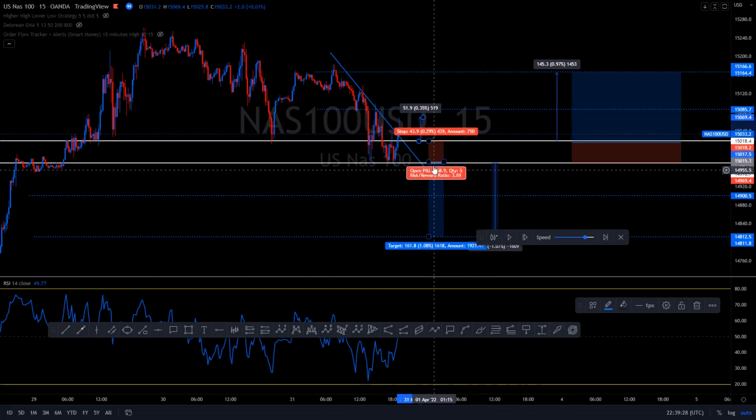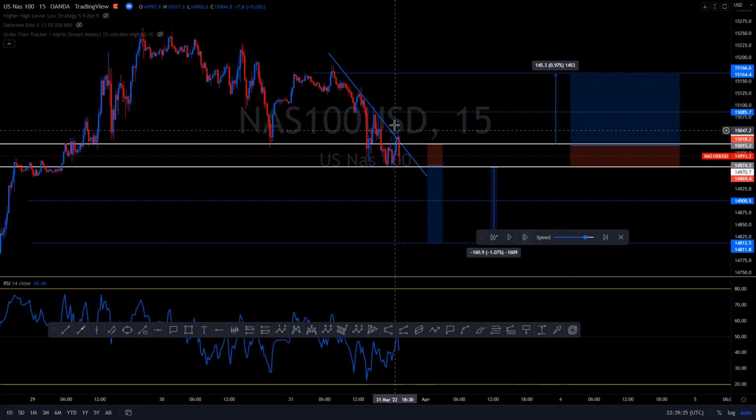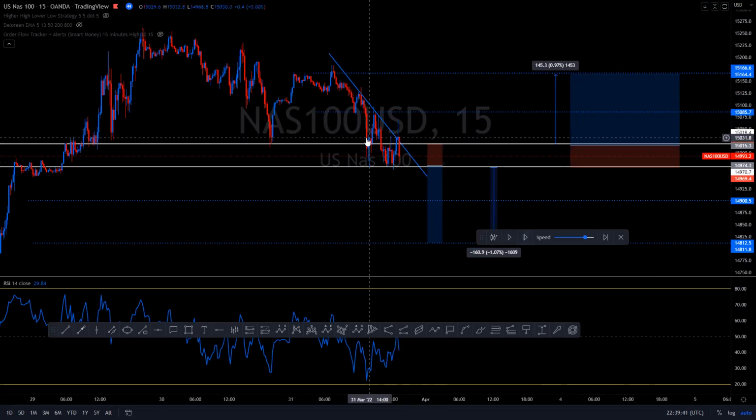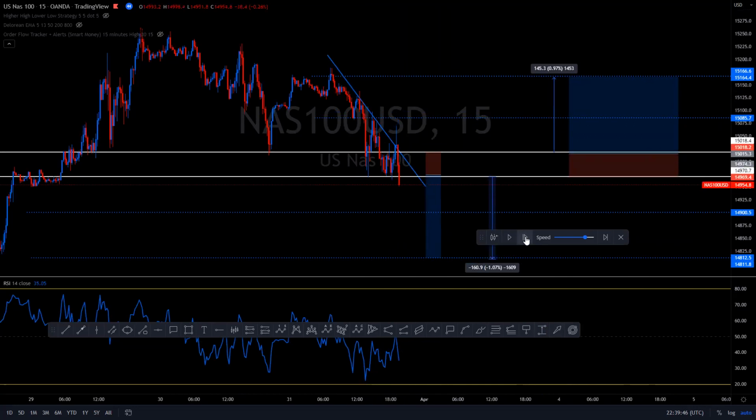I probably would have closed my first partial trade at this point. But guess what? I probably would have jumped out, because now look, price went all the way down. It was grabbing liquidity up in this area, and now they're deciding to sell it. And look what happened.